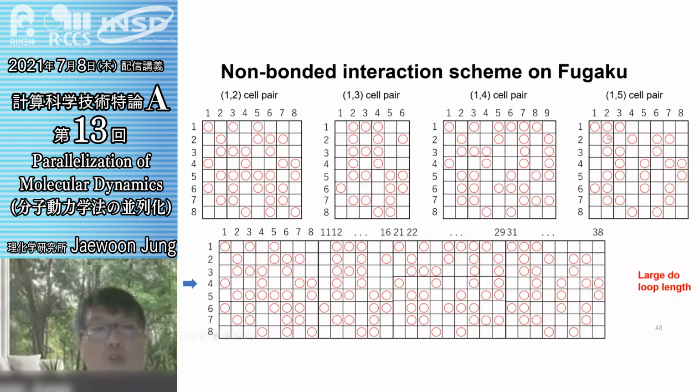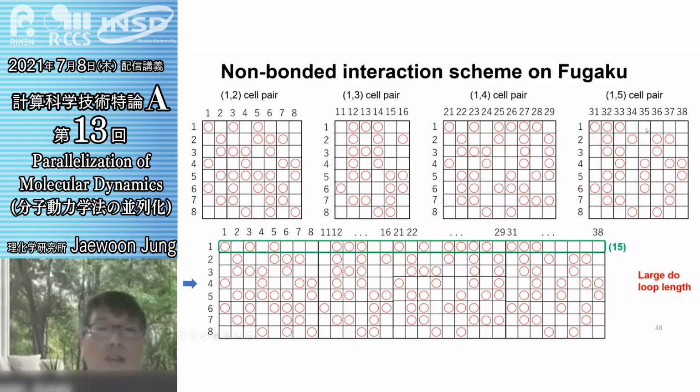But we make a loop index of all of these things at the same time. So the main point is to increase the loop length on Fugaku as much as possible by combining each cell pair interaction into one interaction, by changing this atom index in this cell to global index in this way.